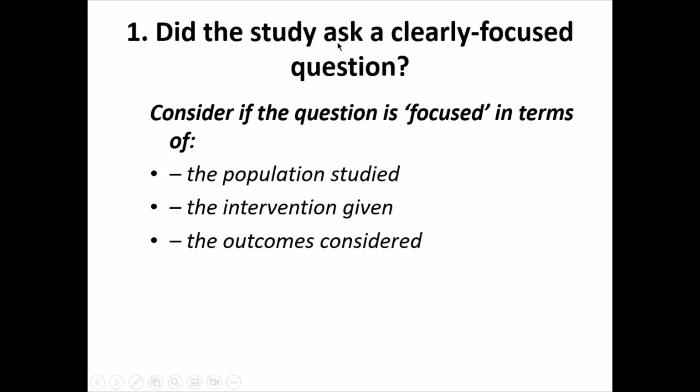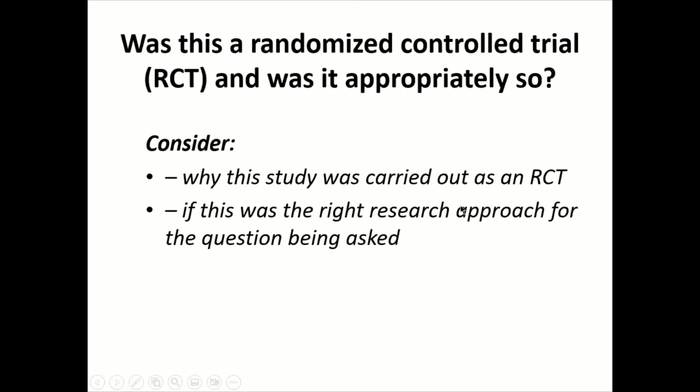Now, did the study ask a clearly focused question? All of these are evaluative methods of deciding which paper to use. Did it ask a question about the population? Did it include the population of study, the intervention given, or outcomes considered? So what was this, a randomized controlled trial? And was it appropriately so?